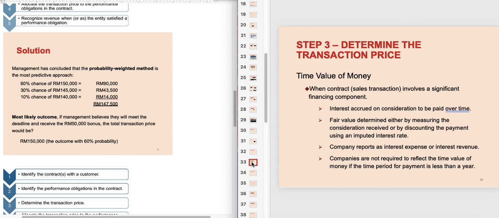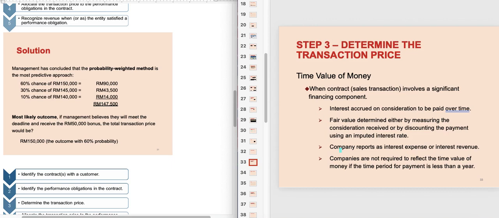And also we have to consider the time value of money when we determine the transaction price. Let's say you make an agreement to sell a product and you provide a term of payment which the customer can pay after 1 year. When the customer can pay after 1 year, there is an element of financial component there.